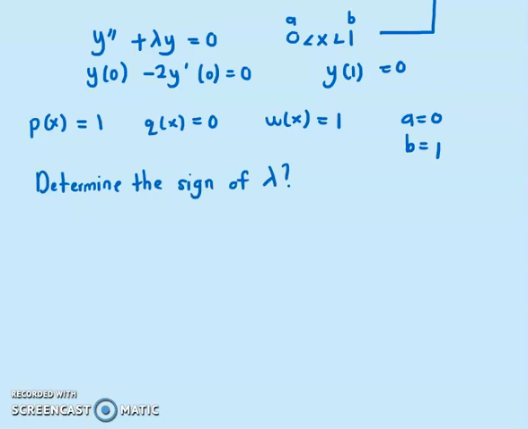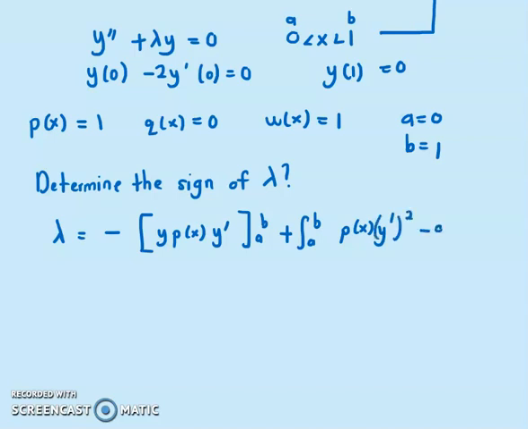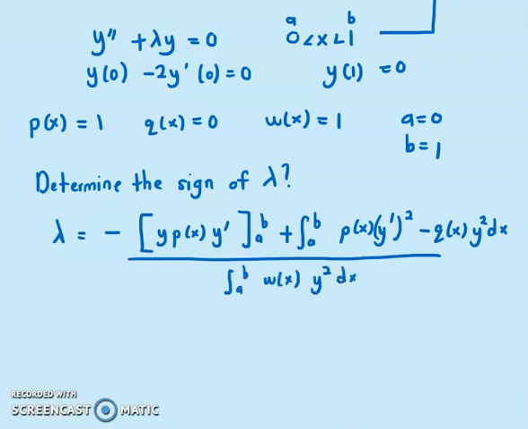We need to use the Rayleigh quotient, where the Rayleigh quotient is given by, I'm going to write it back, negative y p(x) y prime from a to b plus the integral from a to b of p(x) y prime squared minus q(x) y squared dx, over the integral from a to b of omega(x) y squared dx. Put whatever information we know into this equation.